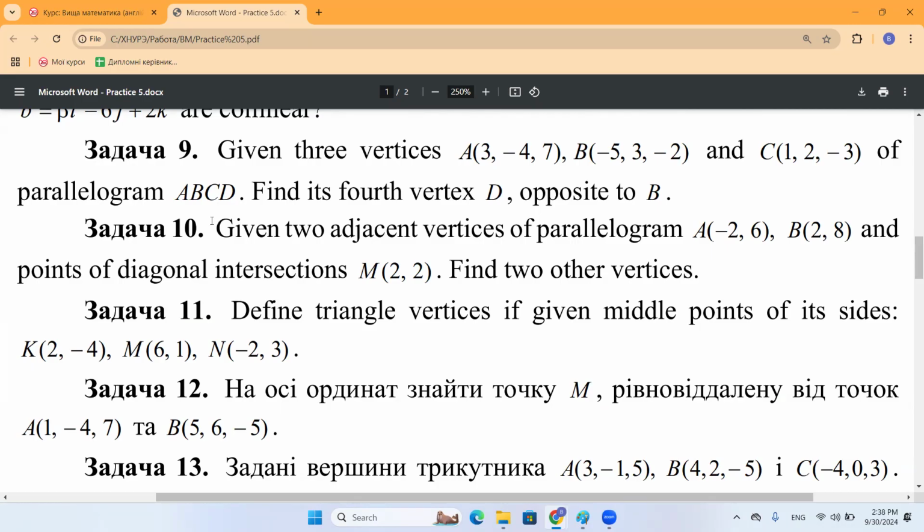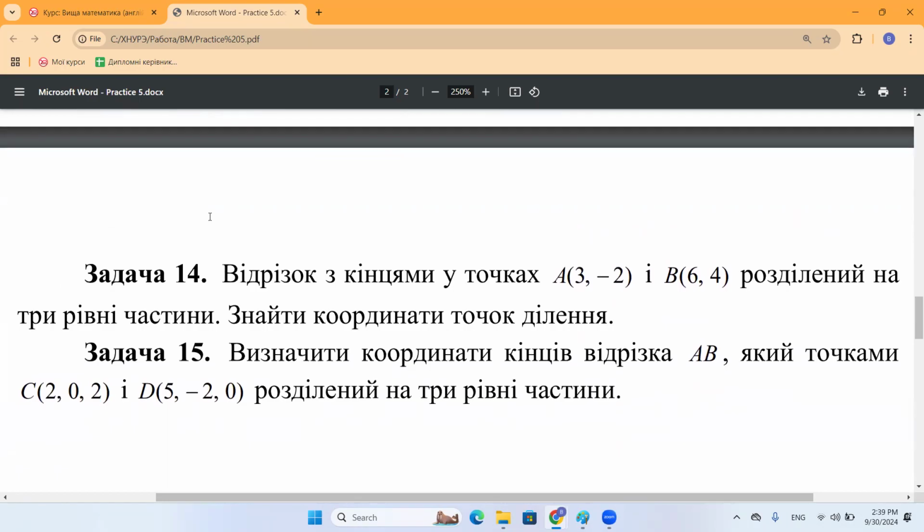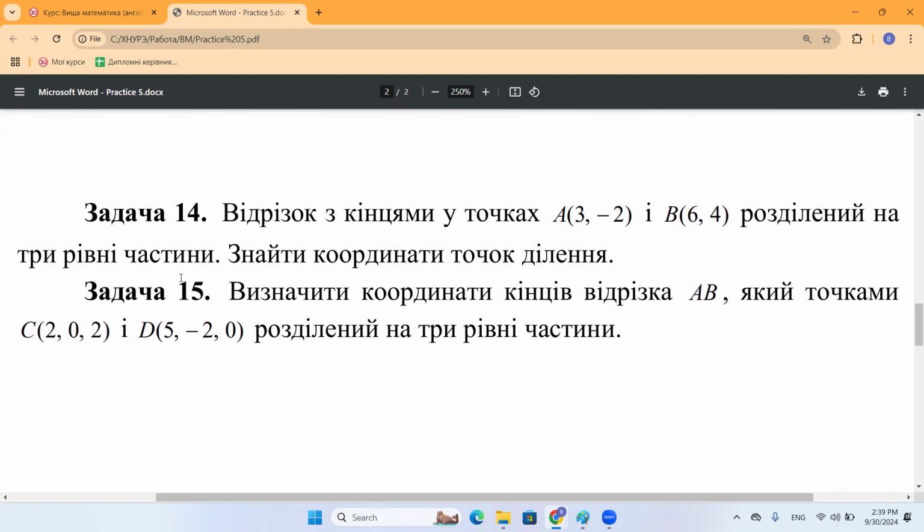So task 10 looks like the same. 11, 12, 13 as well, maybe. Okay, interesting. So 14 or 15.